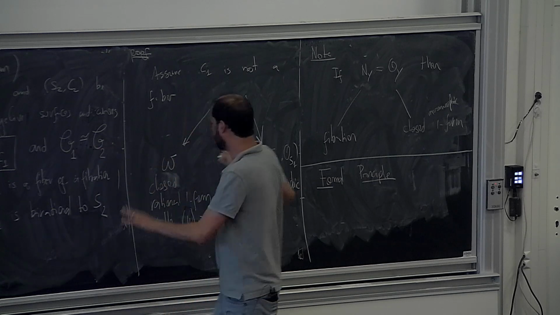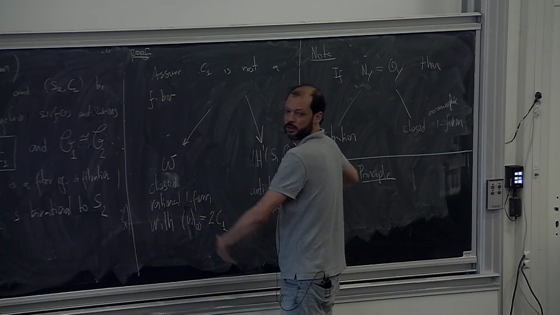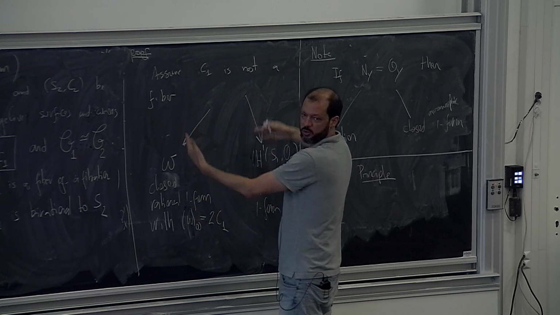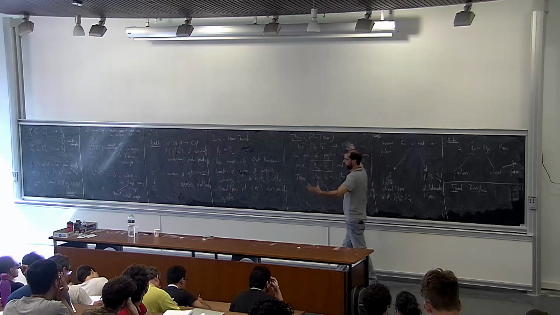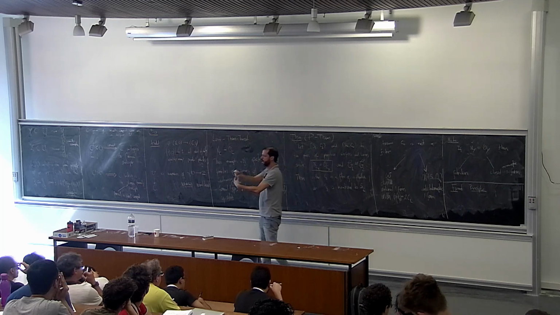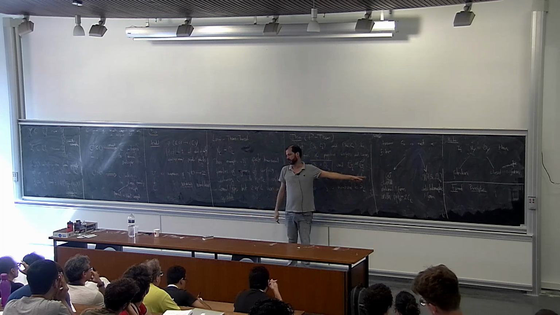What is intrinsically attached is not the forms, but rather the vector space generated by these two. And the same for the other surface. So you have a formal map preserving these two things.